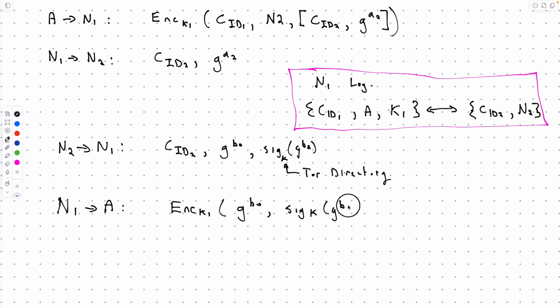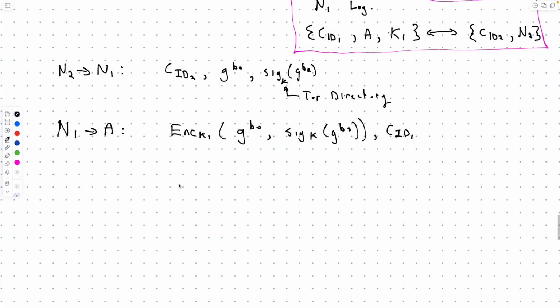If it wants to, it can tag it with CID1, but you don't really have to because it's going directly to Alice. Usually you put the tags in because it's going to go three hops down the line and everyone has to track it, but it could do that if it wanted.